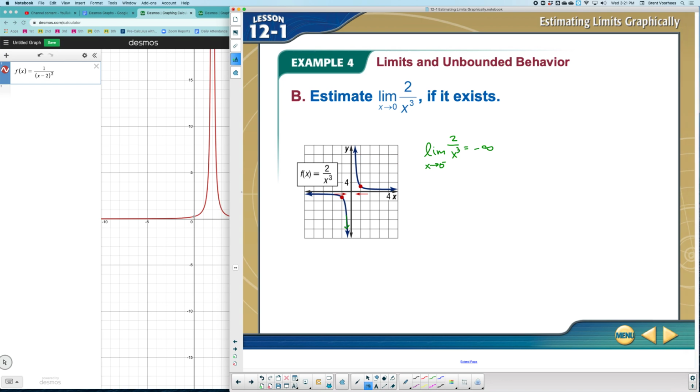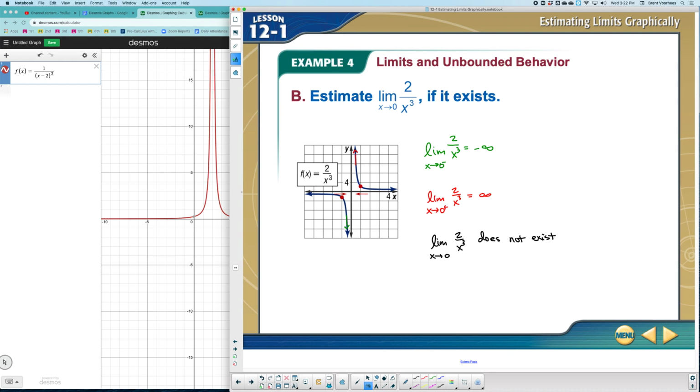As we look on the right side of 0, as we get closer and closer to 0, I can see this limit is approaching positive infinity. 2 over x cubed, as x approaches 0 from the right side, the limit would approach positive infinity. However, the limit of 2 over x cubed as x approaches 0 would not exist.